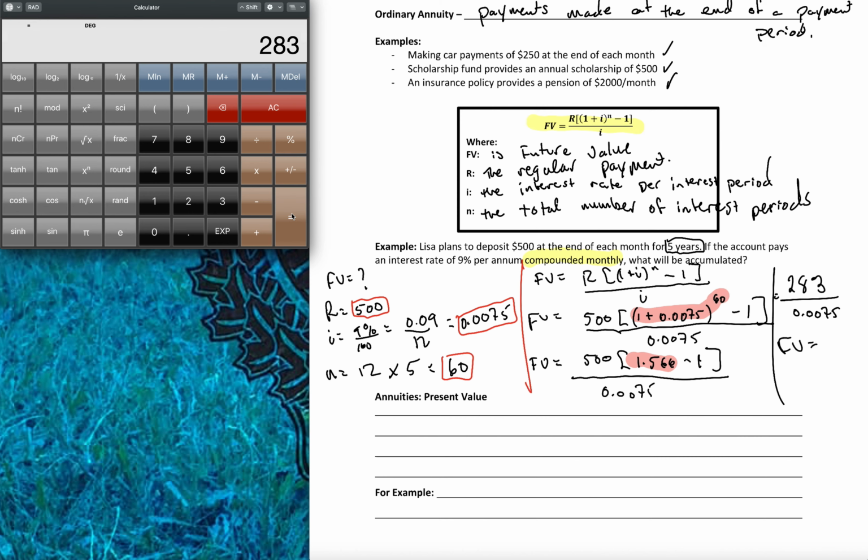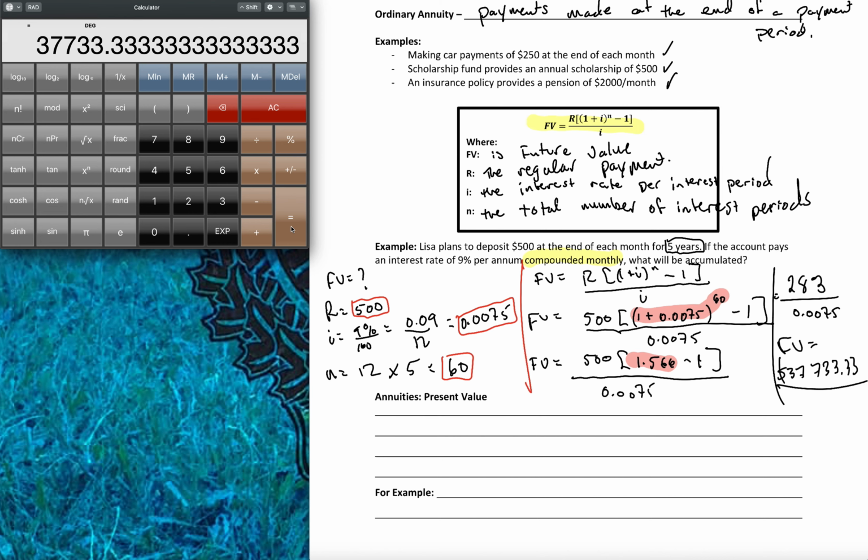This is how much it's going to be worth after whatever's happened here under these conditions, right? Divided by 0.0075. Okay. The future value of this, and 33 cents.